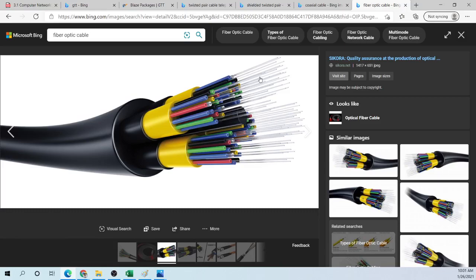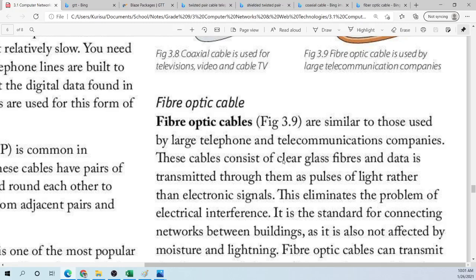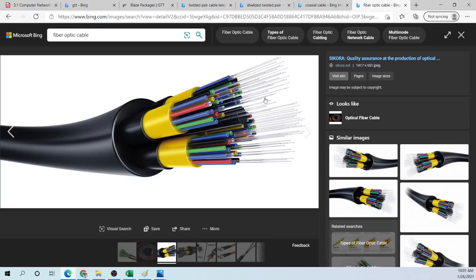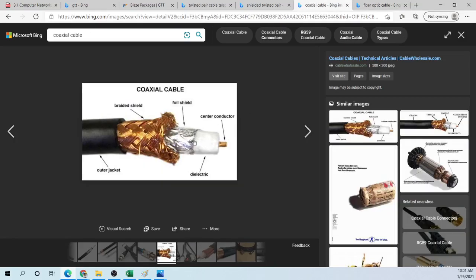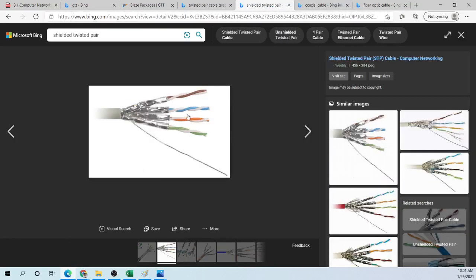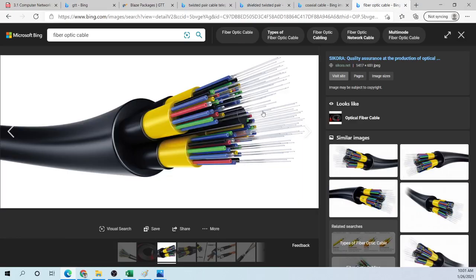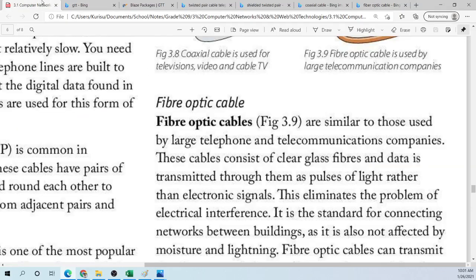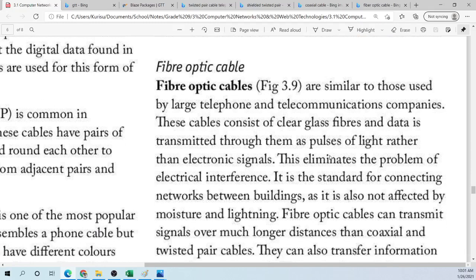It can be glass or it can be plastic, but it is a clear tube that is used to transmit the data, and it uses light to transmit that data. Unlike your coaxial cable and your twisted pair, which use electric signals, your fiber optic uses light. So it pulses the light in order to send that signal.